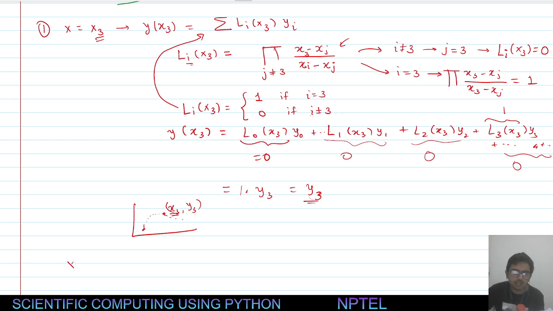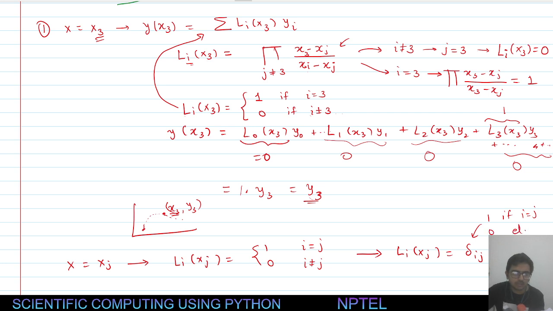It could be any random xj, and that means our Li of xj, using the same analysis, will be 1 if i is equal to j and 0 if i not equal to j. The shorthand notation for writing this is Li of xj is just delta ij, because the definition of delta ij is 1 if i is equal to j, 0 otherwise.